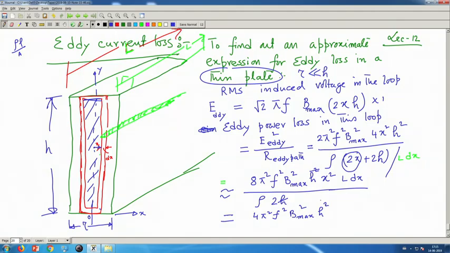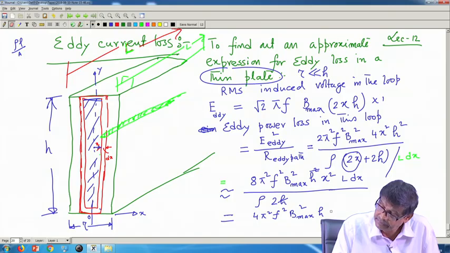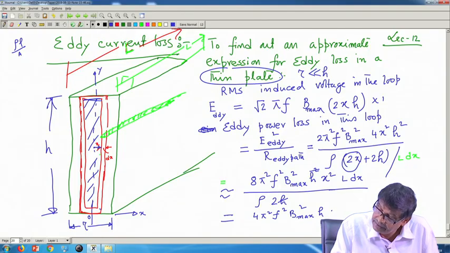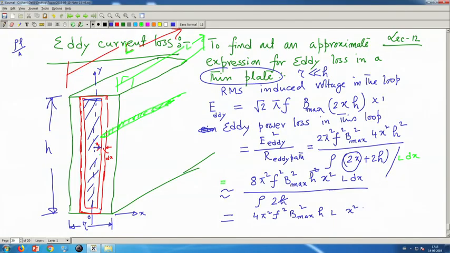So it becomes h and then x square into L into x square dx.